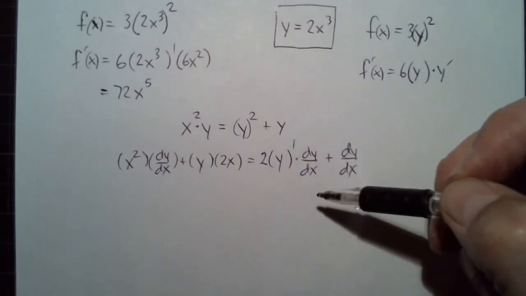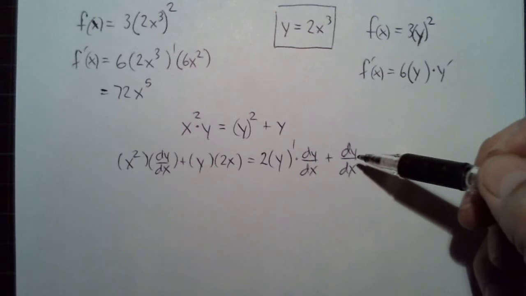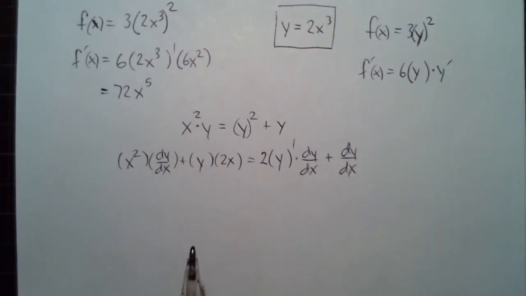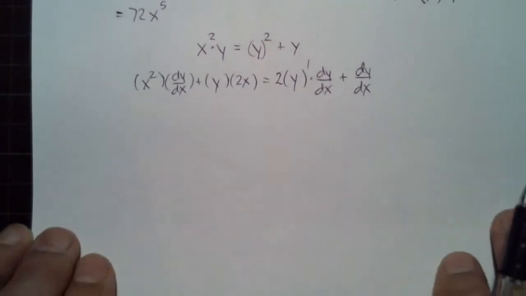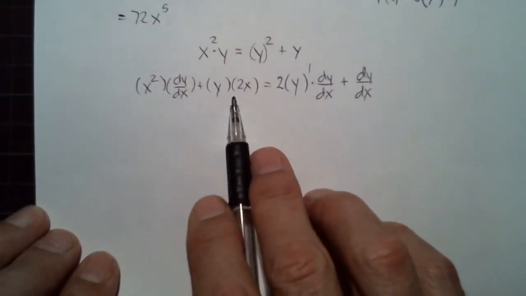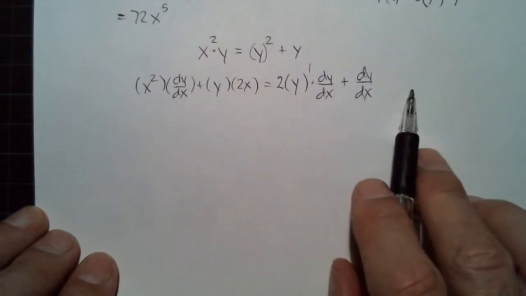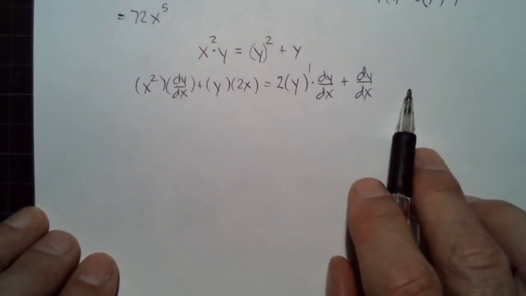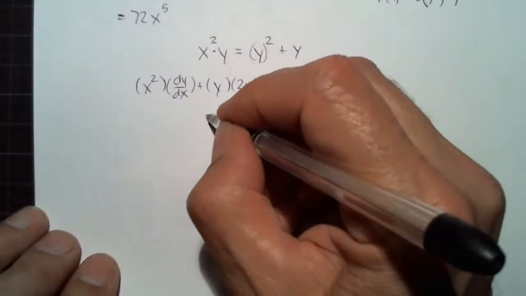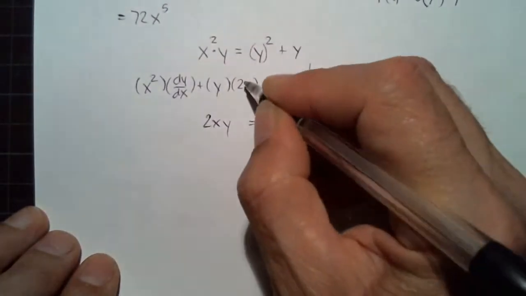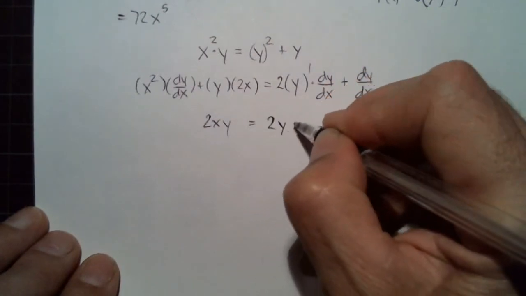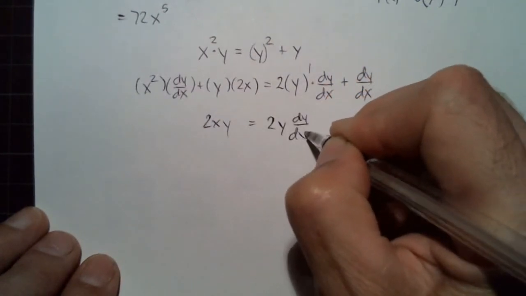From here, we would want to isolate dy dx. So let's go ahead and do that. Everything with a dy dx stays on the left. Everything without a dy dx will go to the right. Or it's going to be easier just to move this one over there and leave that there. 2xy, leaving that there. And now we have 2y dy dx.